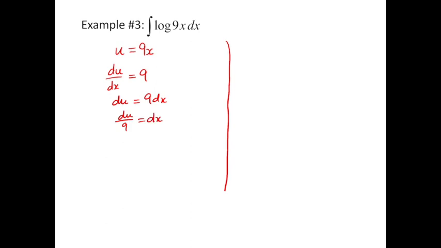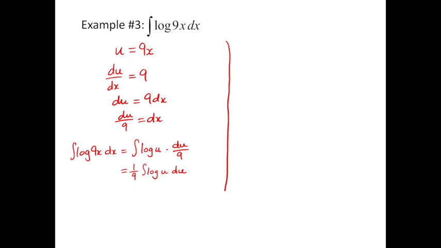So then our integral of log of 9x dx becomes the integral of log of u times du over 9. So we have 1 over 9 integral log of u du.